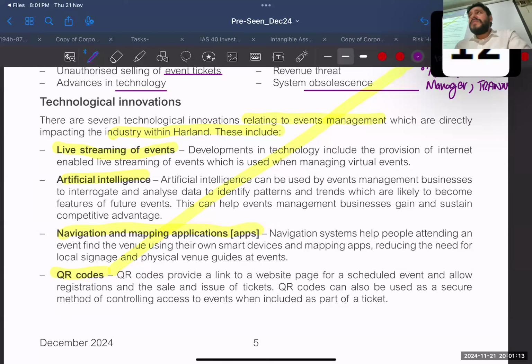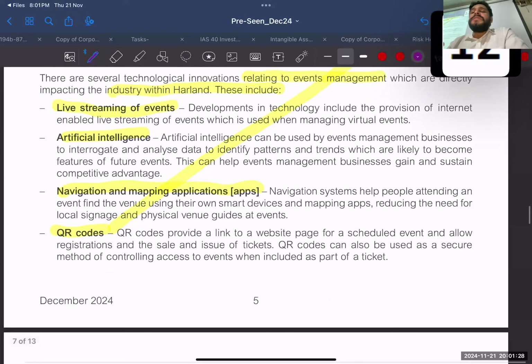So this is how the mapping application is going to work. It says navigating systems help the people attending the event to find the venues using their own smart devices and mapping app, reducing the need for local guides and physical venue guides at events.